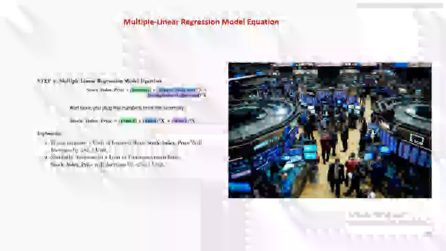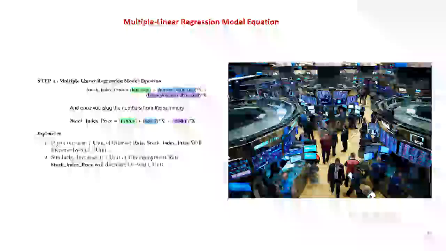So the stock index price is the intercept 1798.4 plus x, your interest rate, multiplied by the coefficient 345.5 that is coming from our model, and unemployment rate is negative, minus 250.1. This is the unemployment rate.